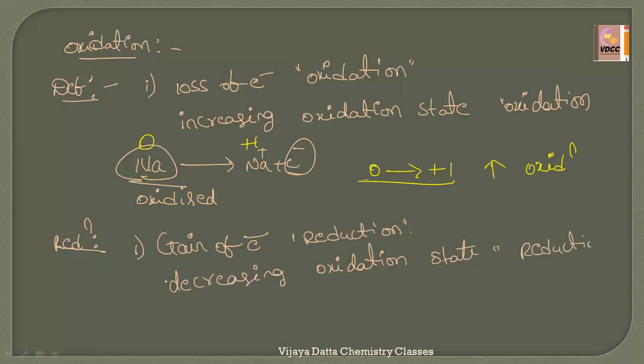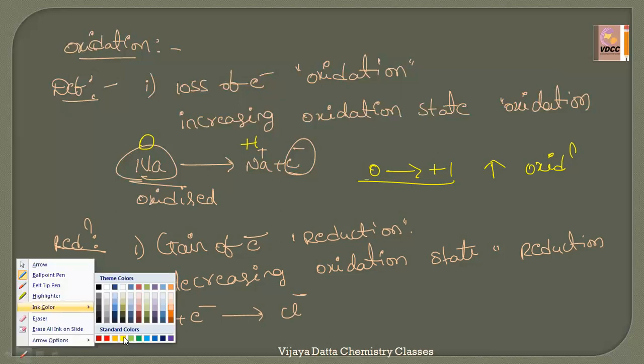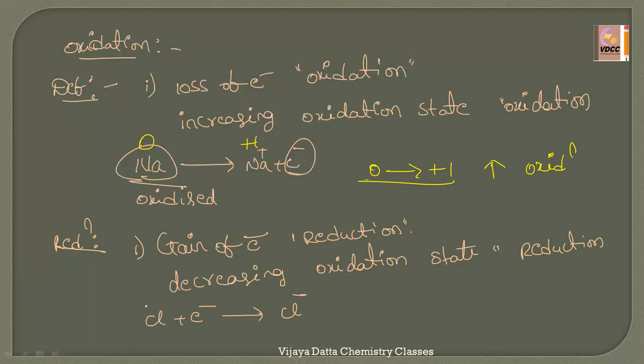See, I'll take one non-metal, chlorine, which gains one electron and forms Cl minus. As it is gaining one electron, it gets the negative charge. Gain of electrons is called reduction, so we can say chlorine is reduced.